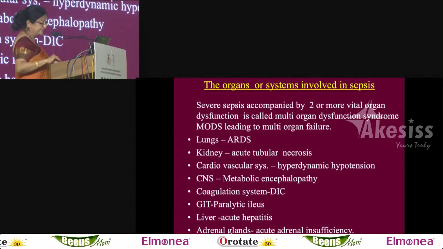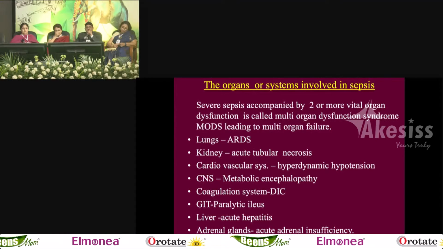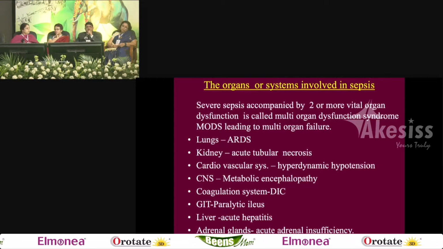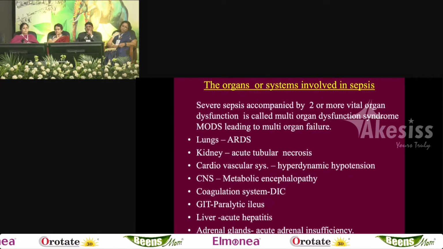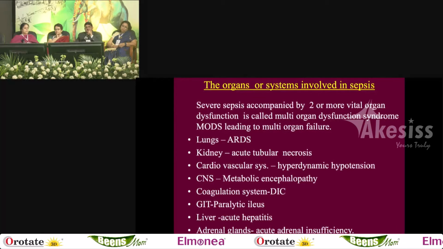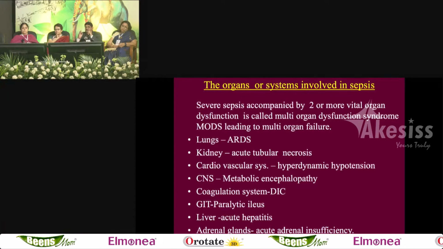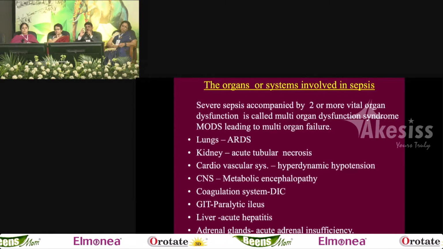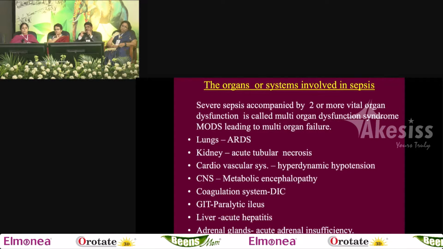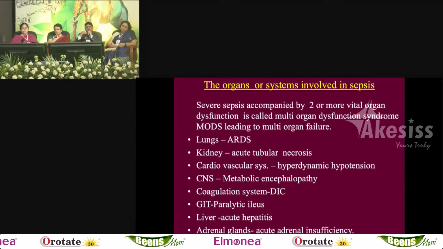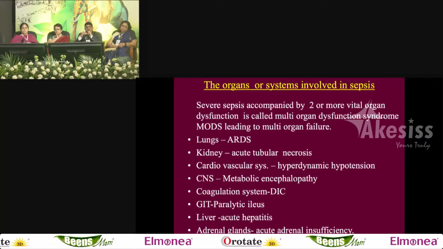If you look at the organs that are commonly affected, Madam has listed the same order. But many times, lungs are the most susceptible organ, and the earliest way to pick up lung involvement is tachypnea. So the moment any lady has tachypnea, do a simple pulse oximeter saturation. If it is less than 92%, that means she has hypoxemia, and you start administering oxygen, with a target to maintain saturation of more than 94%.